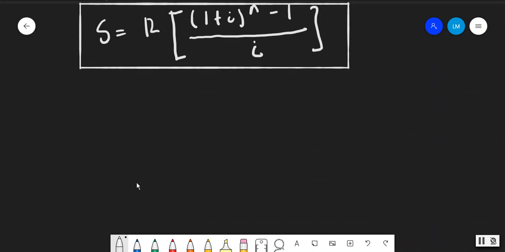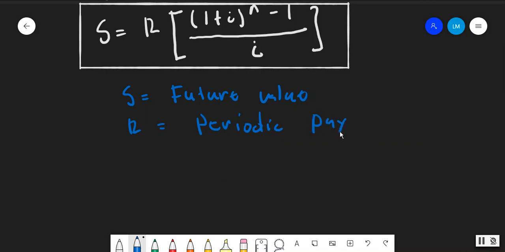So S is basically just the future value, R is the periodic payment, and then I is equal to R over M, and then N is equal to M times T. Now, these parameters are basically the same as you kind of know them.